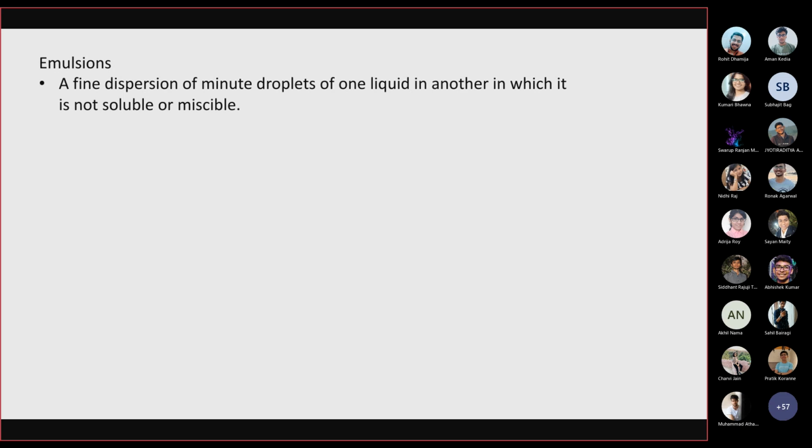So when you have emulsions, we will not be able to separate them directly, either by centrifuge or by gravity settling, because there are two types of emulsions. One is surfactant stabilized emulsions. Another one is particle stabilized emulsions.